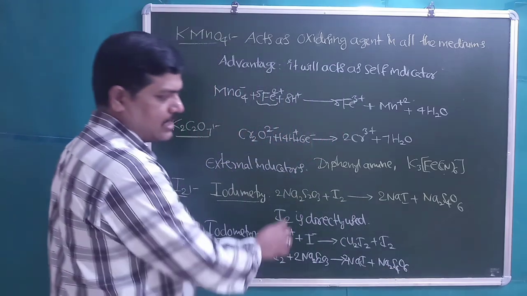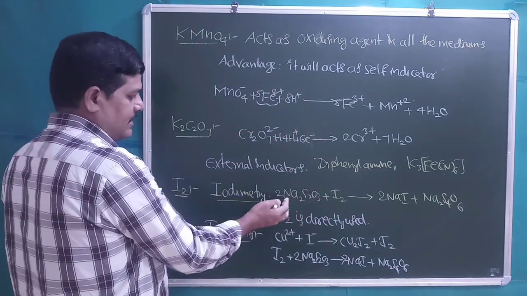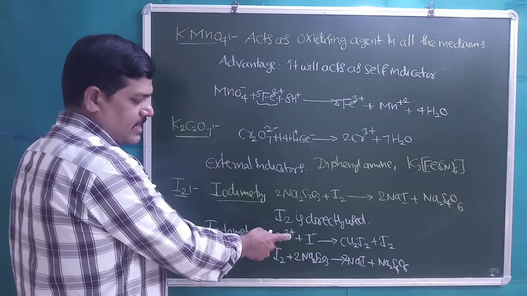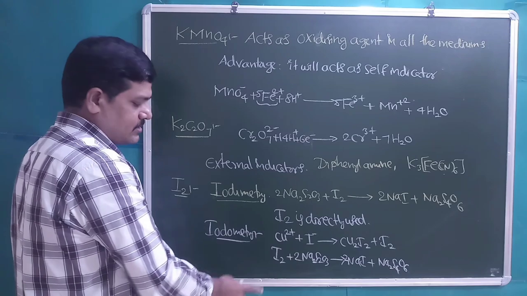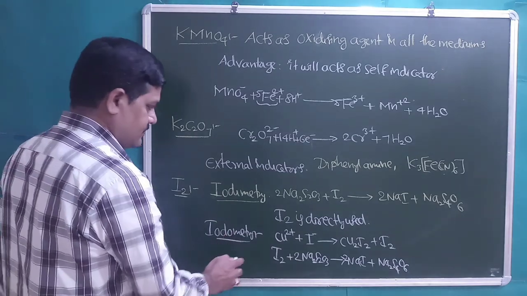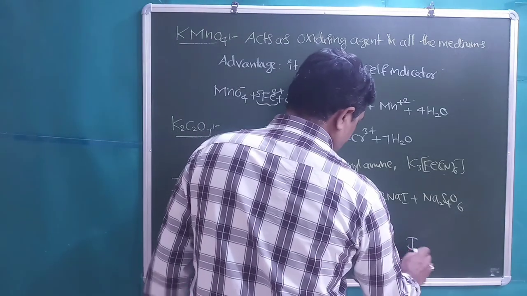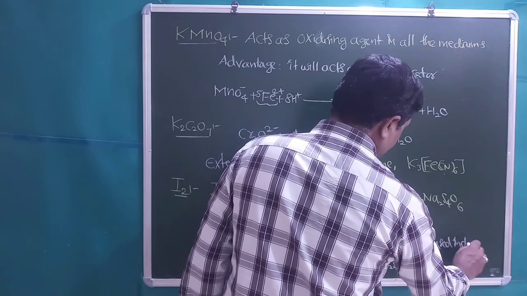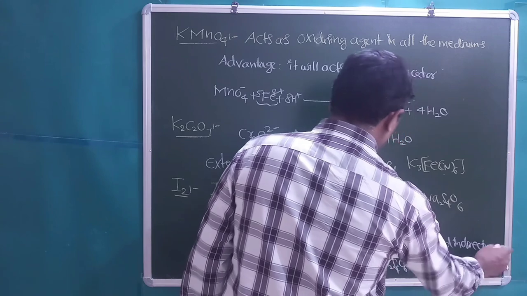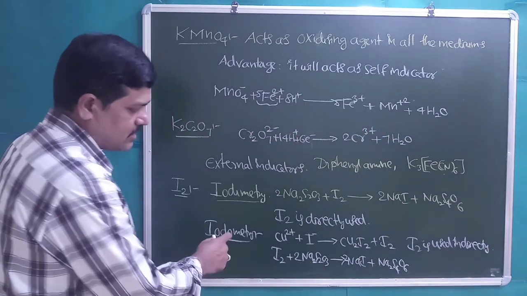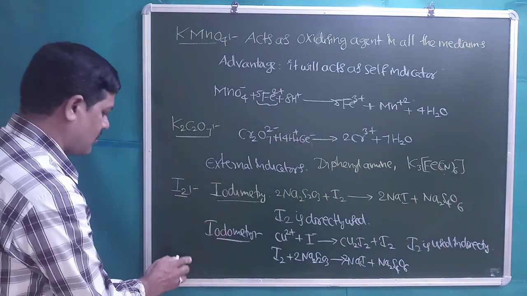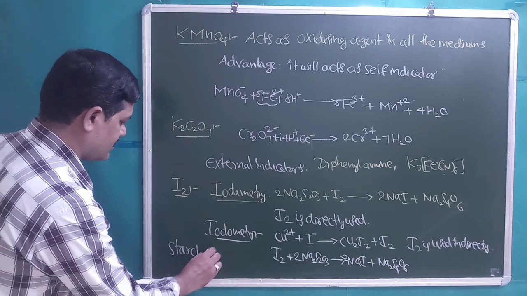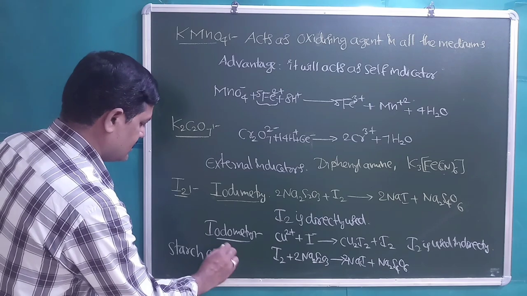Students, in iodimetry we directly use iodine in the titration. Indirectly iodine is used to estimate Cu2 plus ions, which is called iodometry. For that, starch is used as indicator.